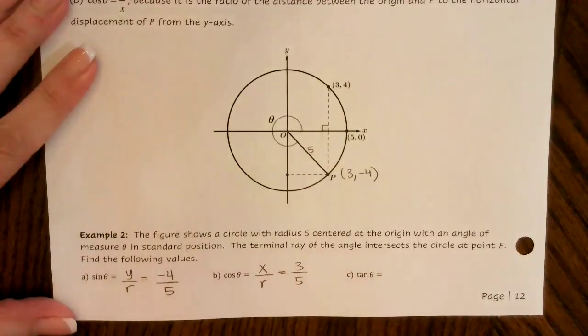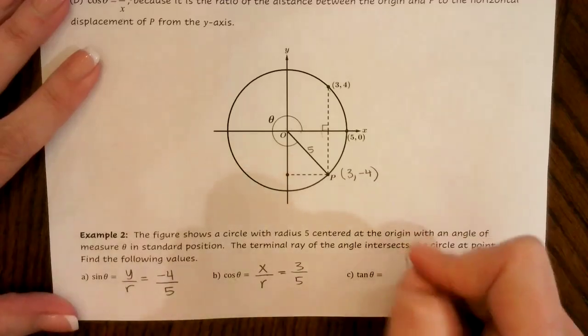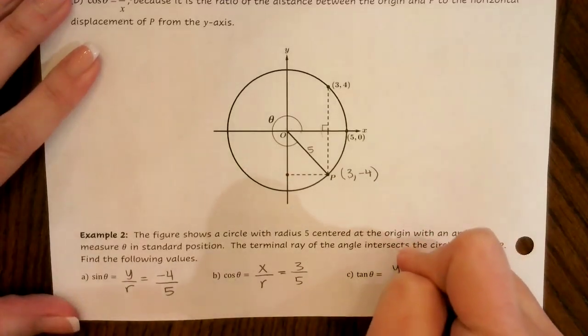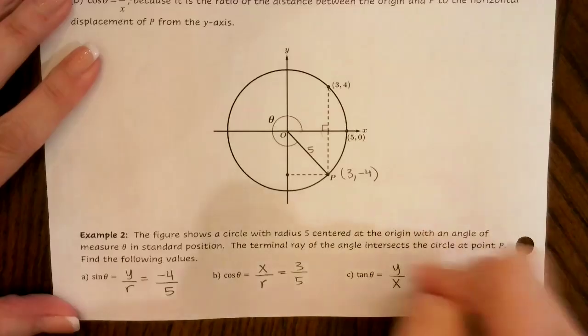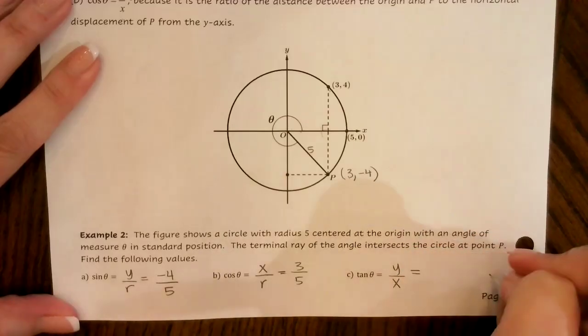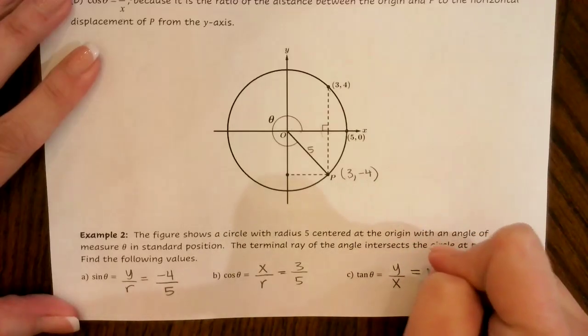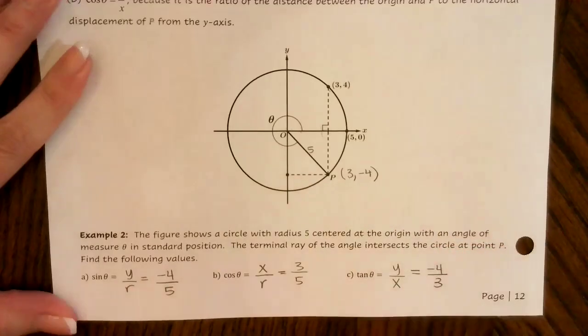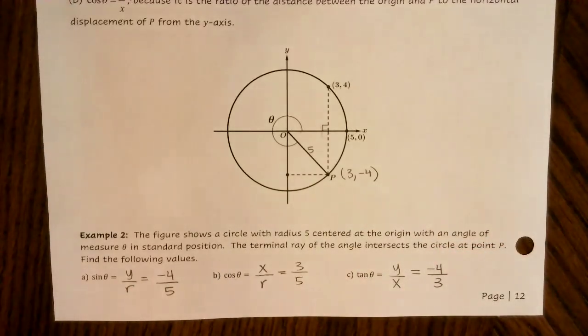My radius is still 5. And then for my tangent of theta, we said that is y over x. And so my y value would be -4, and my x value is 3. So there is my sine, cosine, and tangent for that one.